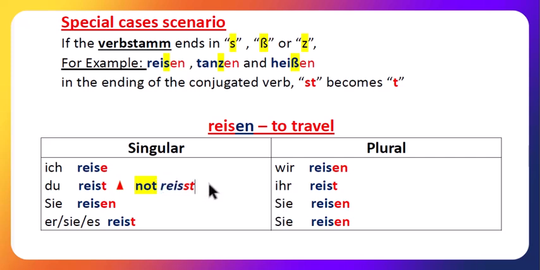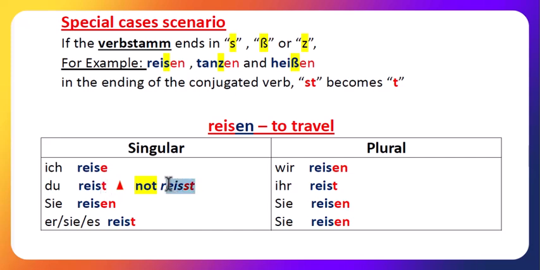It's irrelevant. So this is it: ich reise, and then "reise" because it's coming before a vowel. Then du reist. This is "reist" because this is not a vowel.